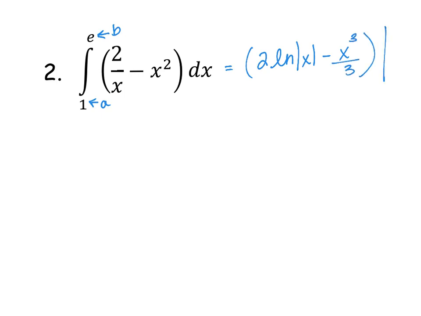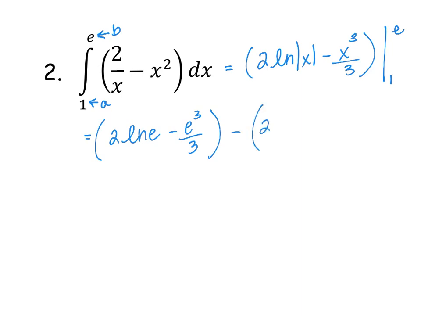Again, we're using that evaluation line, and I'm evaluating from 1 to e. When I substitute in, I'm going to have 2 times ln of e minus e cubed over 3, again doing top minus bottom, and I'm going to subtract that from the bottom.